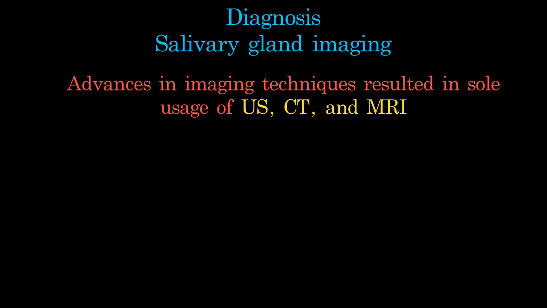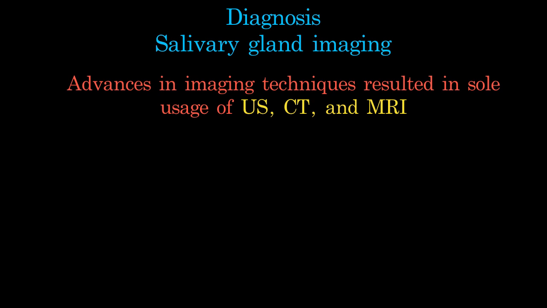In sialography, they used to inject a contrast medium through the salivary duct, and afterwards take plain X-rays to try to detect if there is some kind of salivary stone or something. In salivary scintigraphy, they injected the patient intravenously with a radioactive isotope, and then took readings for the uptake of the isotope and the washout of the isotope from the salivary glands and so on.